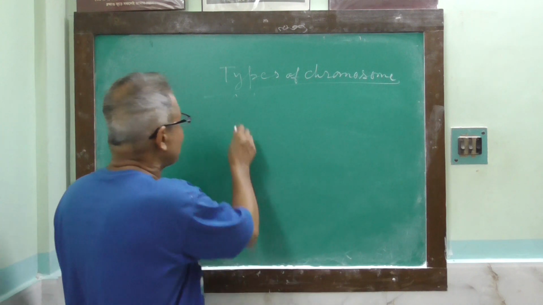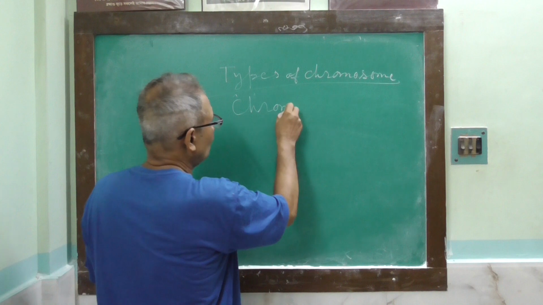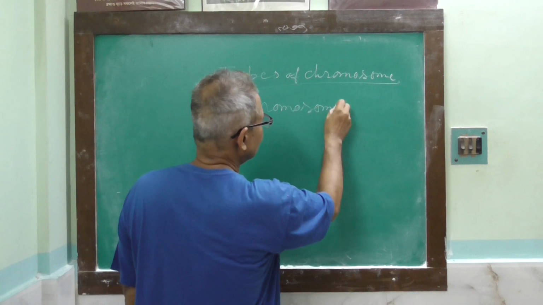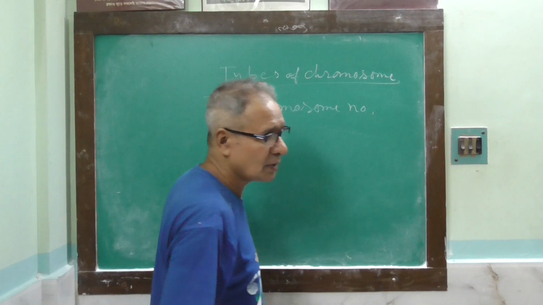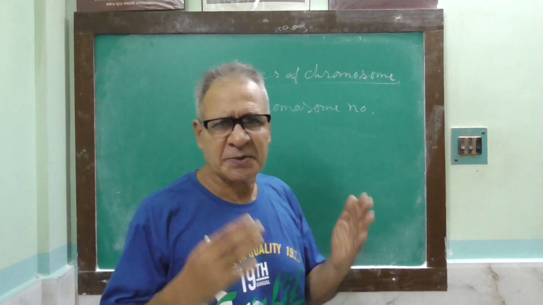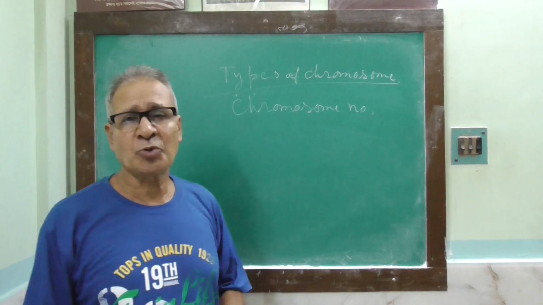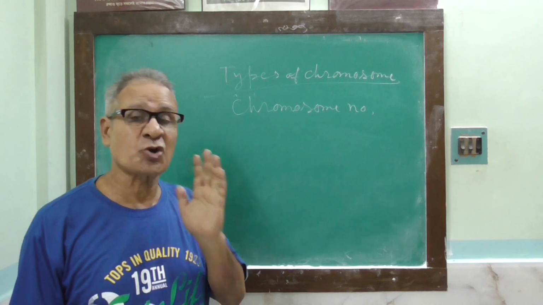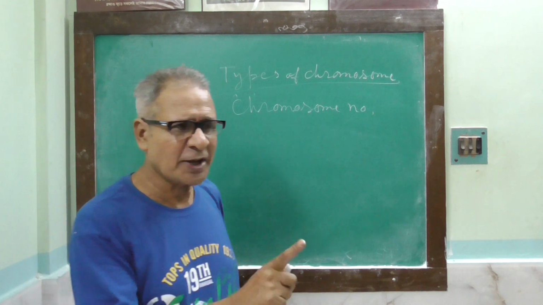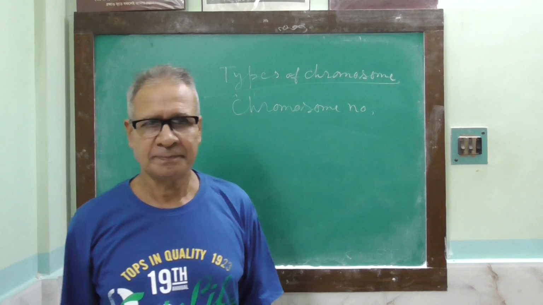Now the chromosome number. In a particular species, the chromosome number is always fixed. It is constant. It is known as the species-specific chromosome number.